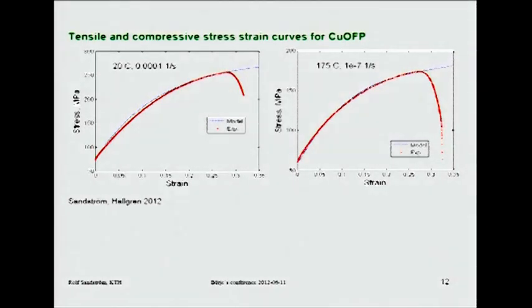You can also use the same type of modeling approach to describe tensile stress strain curves. This is in fact for copper with a small amount of phosphorus. It's used for nuclear waste storage canisters. And you can see here you can model the experimental values quite well.